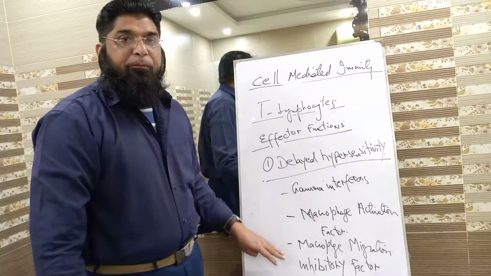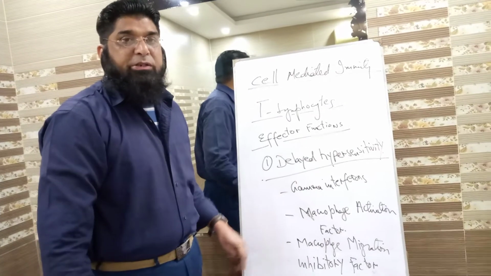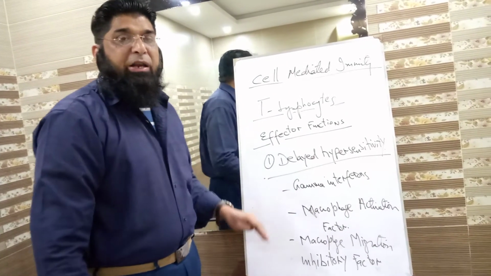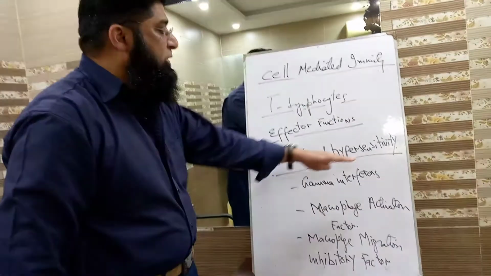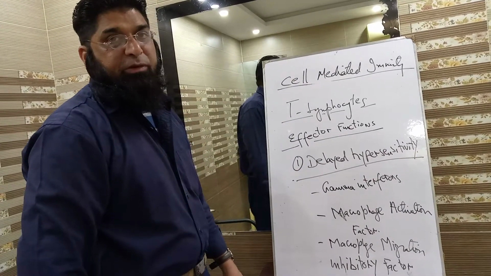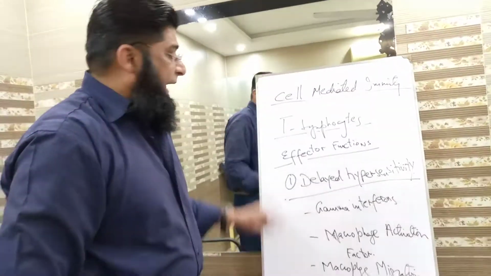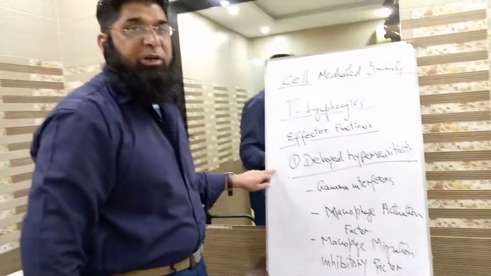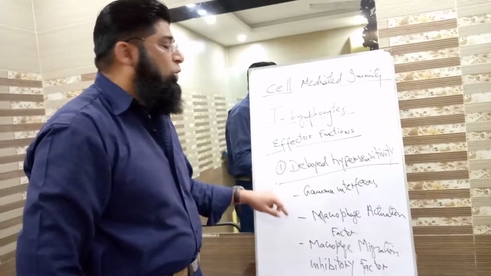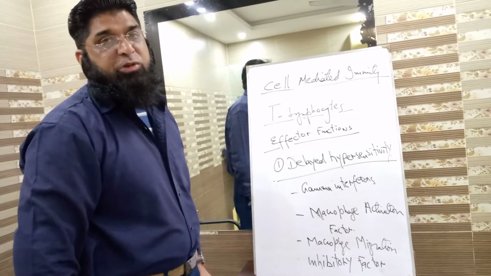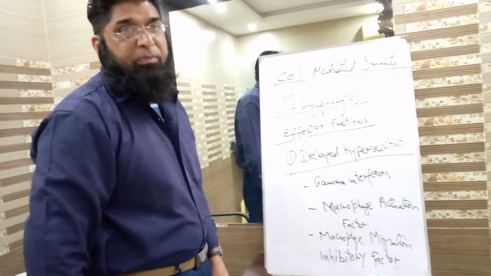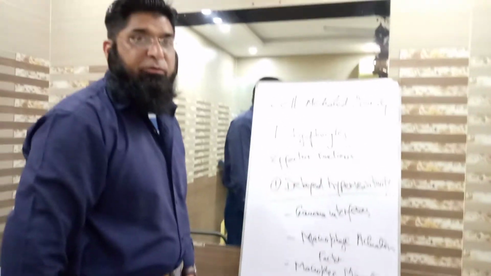These four cytokines are involved in the mechanism of delayed hypersensitivity, and this delayed hypersensitivity involves macrophages and T lymphocytes. How does it involve them?